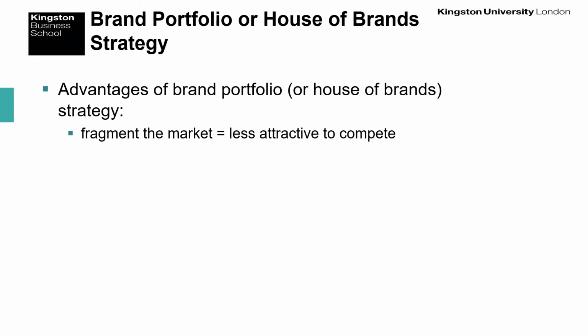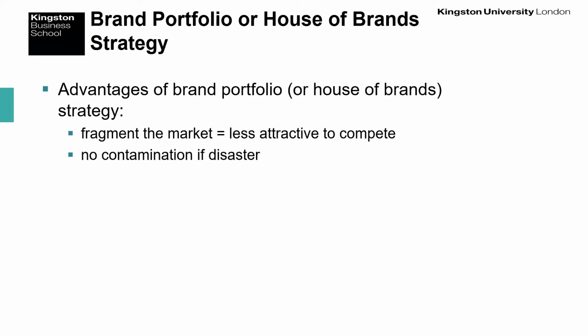If an organisation has multiple brands in the same market, each positioned differently, each targeting a different demographic or behavioural or psychographic segment, then it's sewing up a lot of the market, which makes it difficult for competitors to gain any kind of foothold.